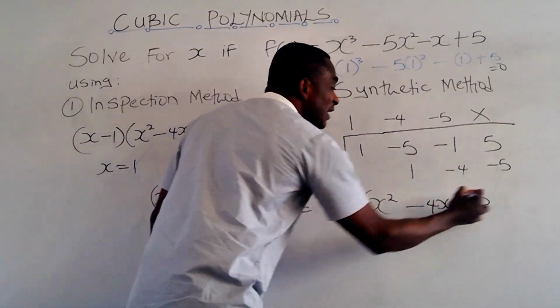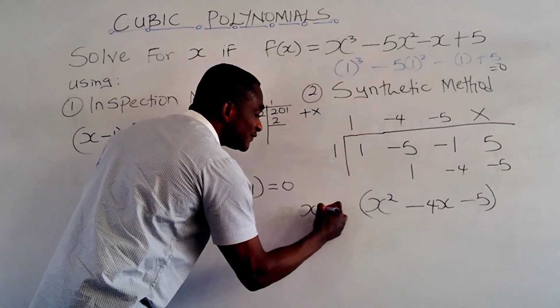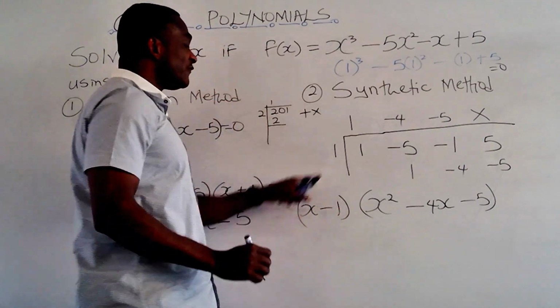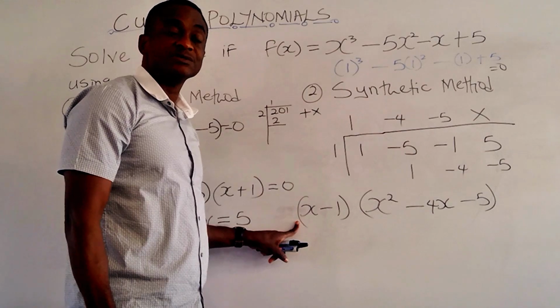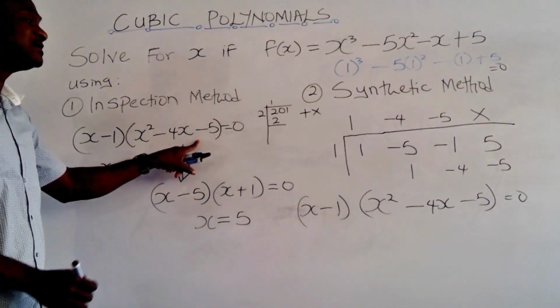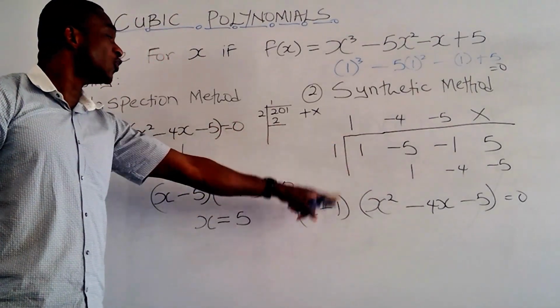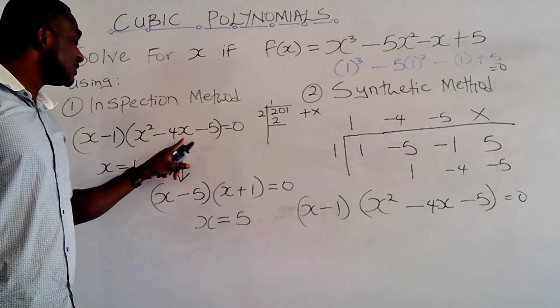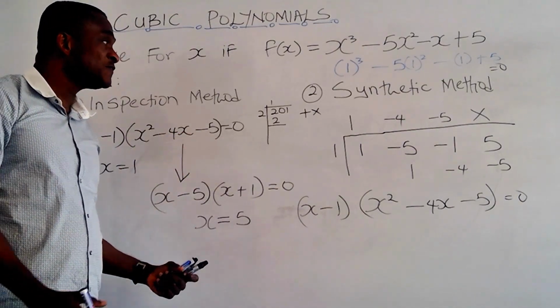So this is the parabolic function, whereas we have used the factor to generate the linear function. If you look at this, you will see that we have arrived at the same thing as this. So you can either use the synthetic method to go through and arrive at the same thing, factorize, or use the quadratic formula to get your final answer.